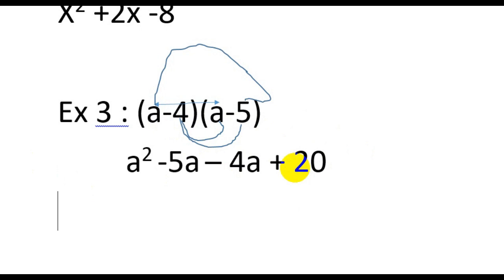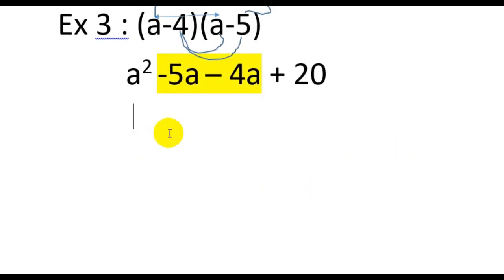Again you will find the similar terms, minus 5a and minus 4a. So first term we write a square. So here, as I mentioned earlier, minus means you remember you are owing someone, your credit.